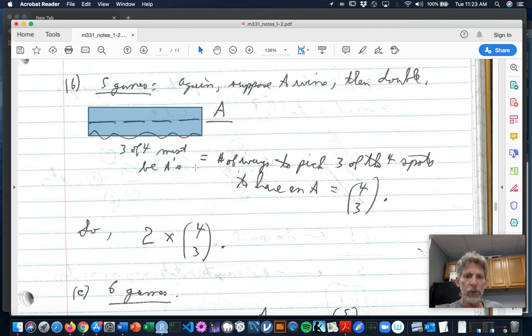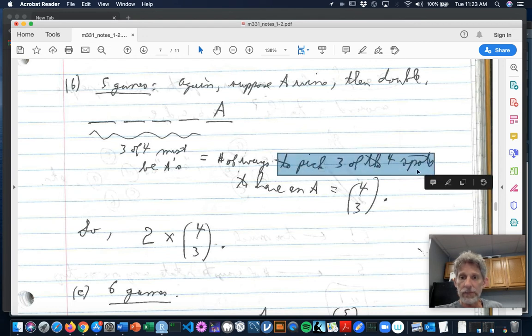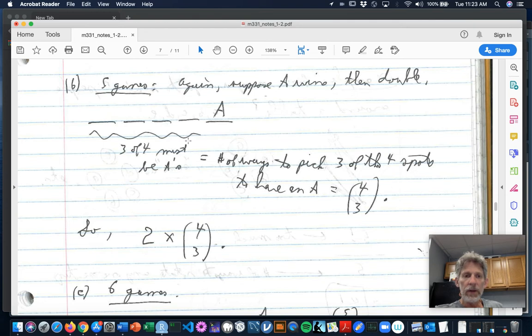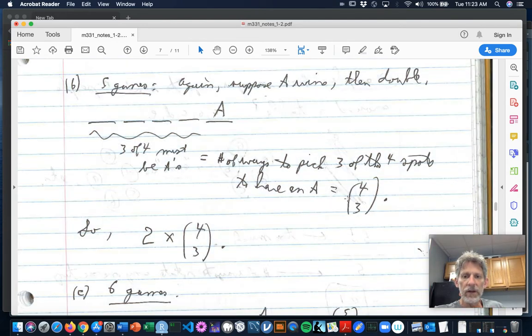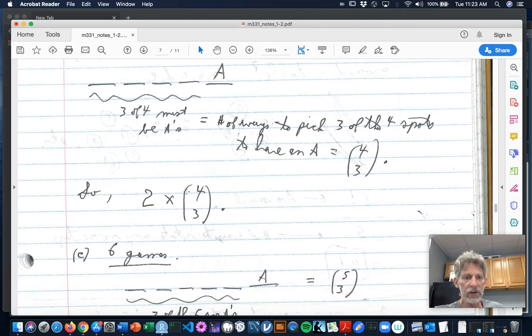So we got 4 spots there. We just gotta pick 3 of the 4 spots to have an A in them, okay? So that's taking 4 things and picking 3 of them to have the A's in them. So it's the number of ways to pick 3 things out of 4 things, which happens to be 4, but I'm just going to leave it unsimplified. So our answer there is 2 times 4 choose 3.